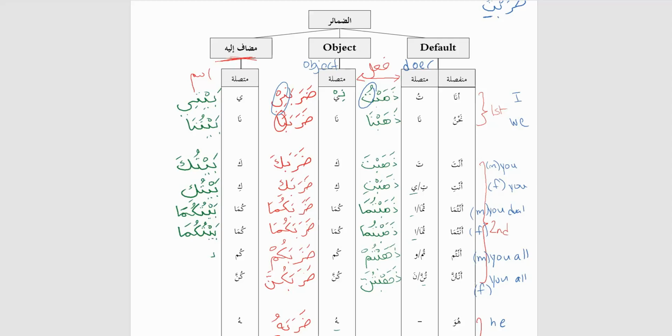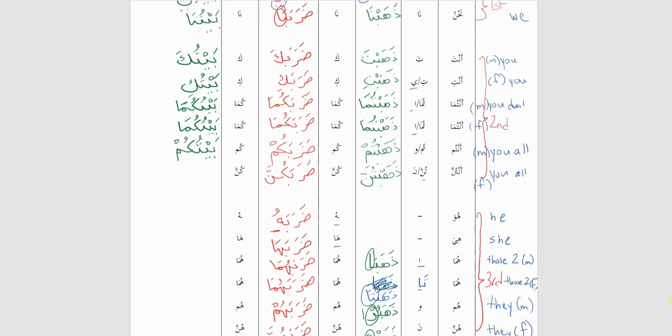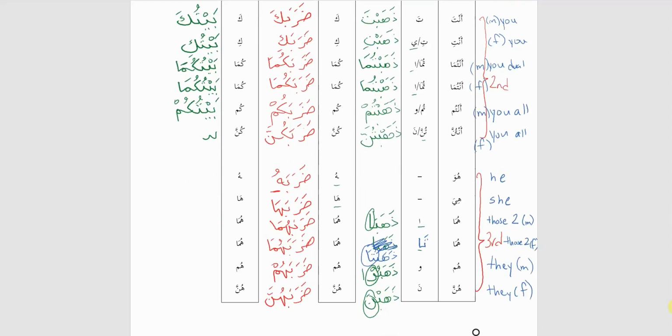Here we have baytukum, your house, you all. And here we have baytukunna. And to say his house, you say baytuhu. And her house, baytuha.